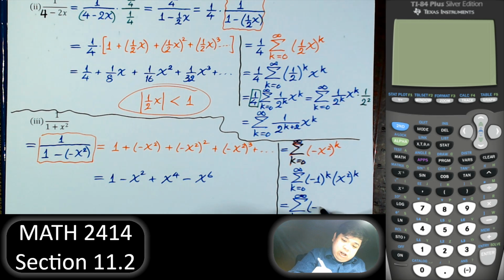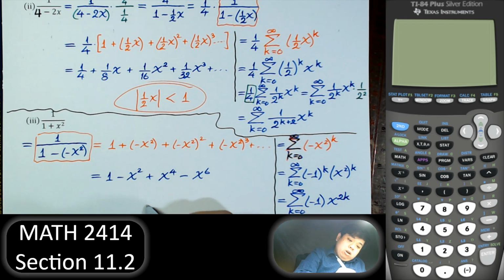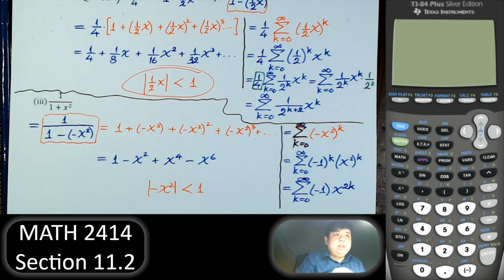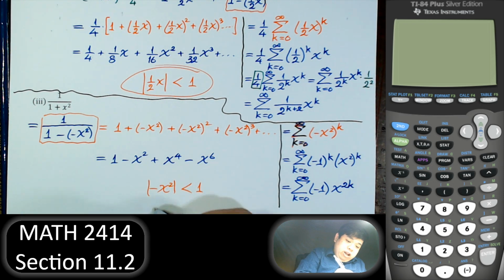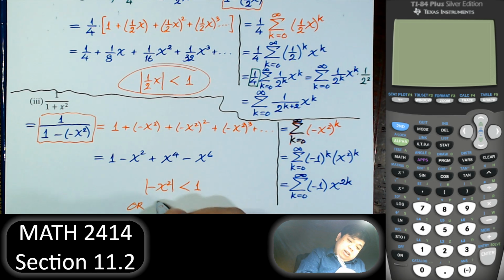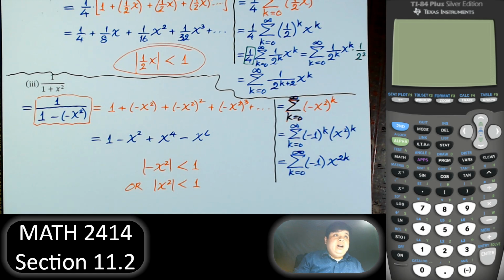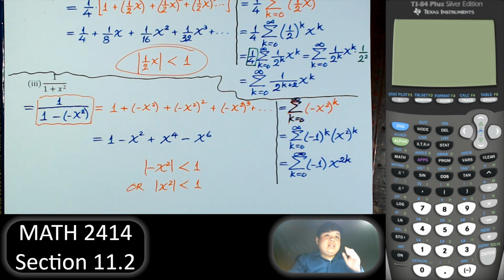So this is an alternating series. But of course it only works if we have negative x squared less than 1. Absolute values are positive or negative, it's the same thing. And absolute value of x squared less than 1, meaning that we can take square root on both sides.